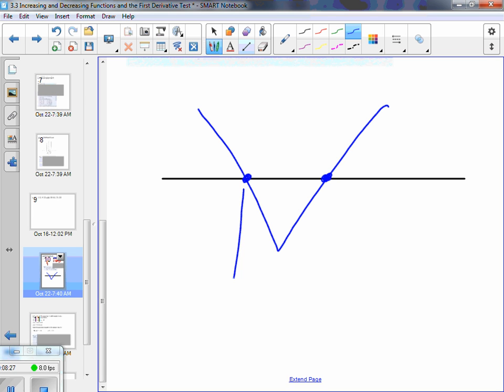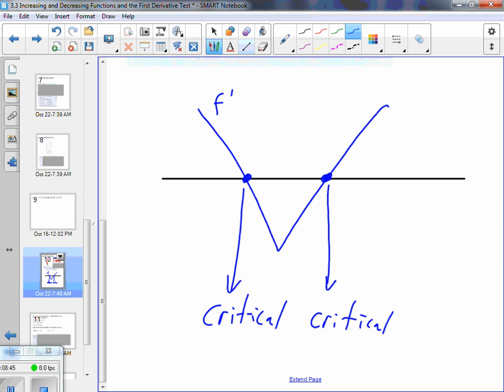So that x-coordinate there would be a critical number, wouldn't it? The x-coordinate right there would also be a critical number, wouldn't it? Okay? Now, to the left of that first critical number, what's the sign of our derivative? Positive. Therefore, what's f doing? Increasing.